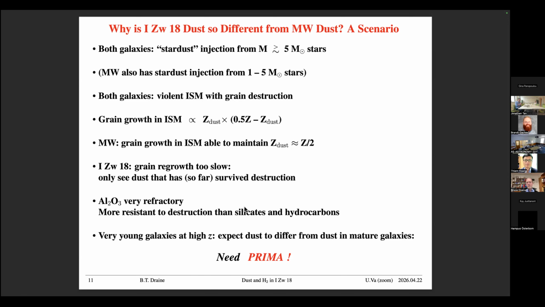And there were hints of a feature in the 14 micron region. Al2O3 is one of the things that was discussed as a possibility. Spinels are also discussed as a possibility. No definite interpretation of that. Again, the signal to noise is not fantastic.